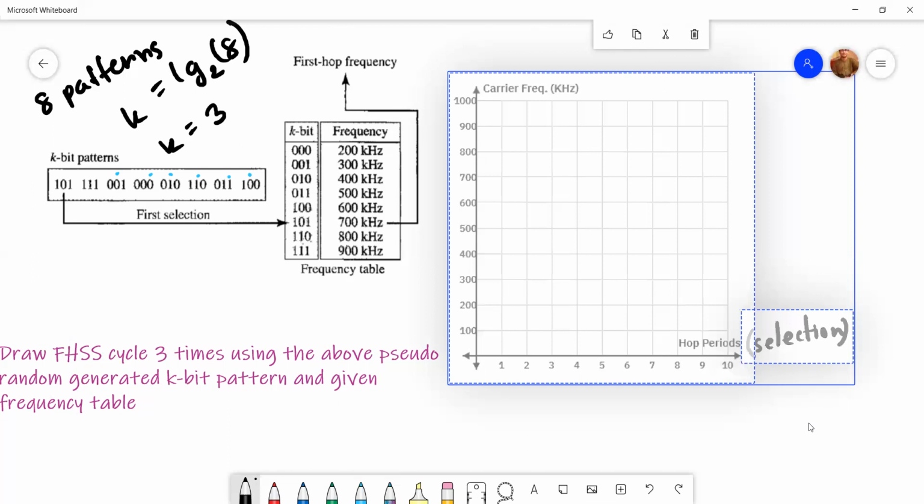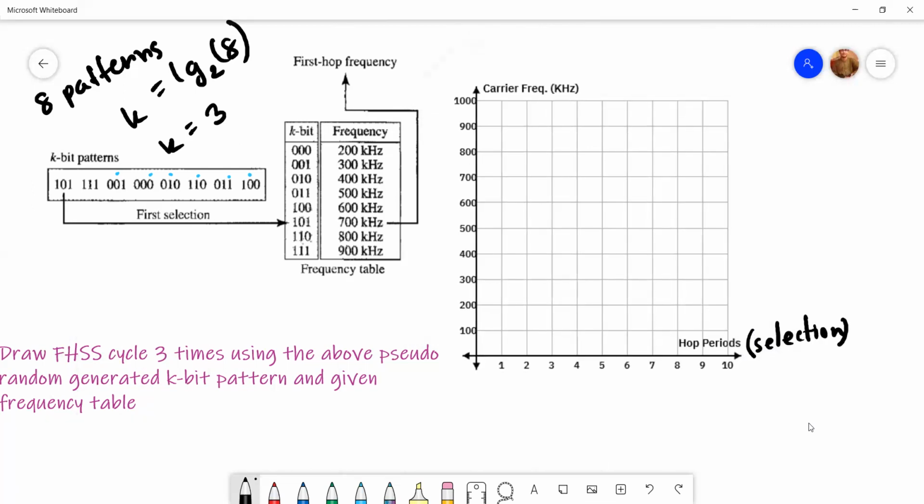So let us now do this math directly. In the very first case, we have 101. So 101 is matching with 700 kilohertz. So for the first selection, we'll be going for the 700 kilohertz. This will be my box, this is my 700 kilohertz range.